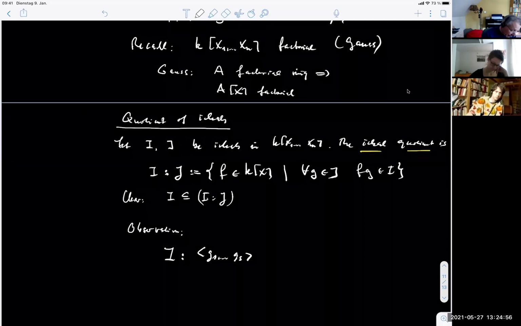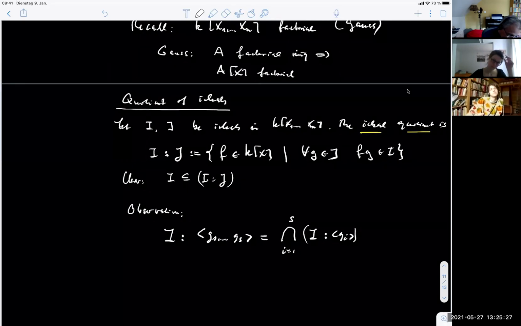Then this is a trivial observation, you check it for yourself: this will be an intersection of these quotient ideals. So if I want to compute quotients, it's reduced to computing the intersection, and I also need to know how to compute quotients by principal ideals.